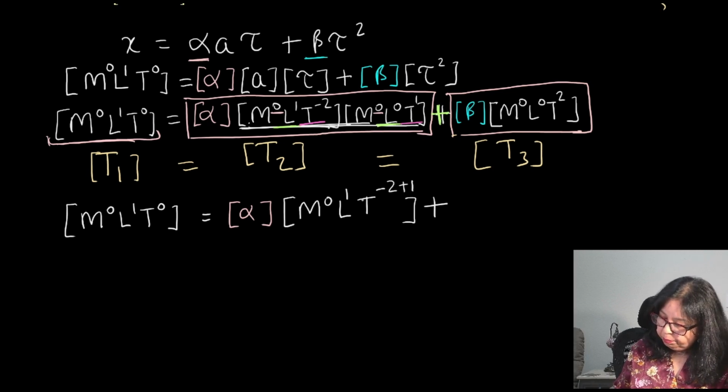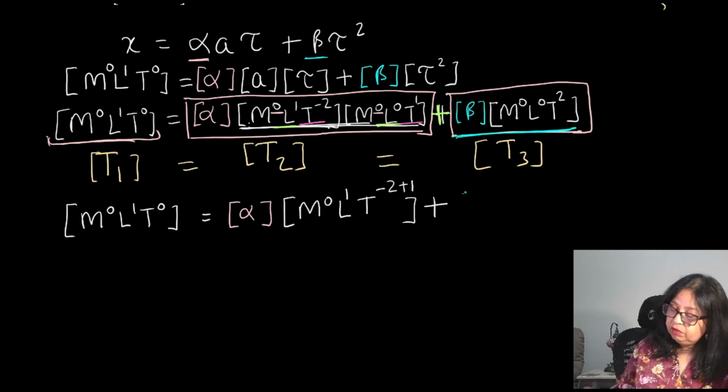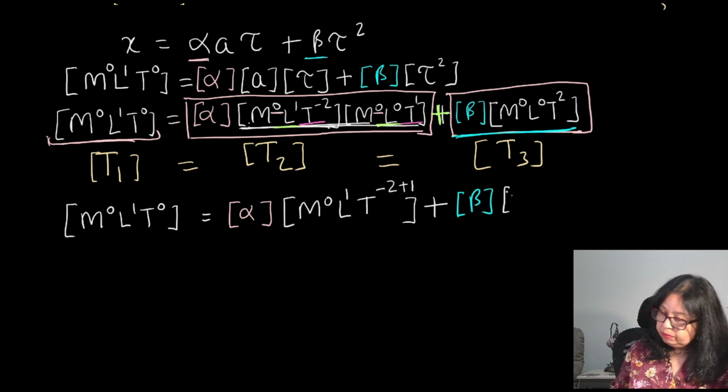Carrying on, plus, let's now figure out this side. There's nothing to figure out, let's just keep it the way it is: M0, L0, T2.